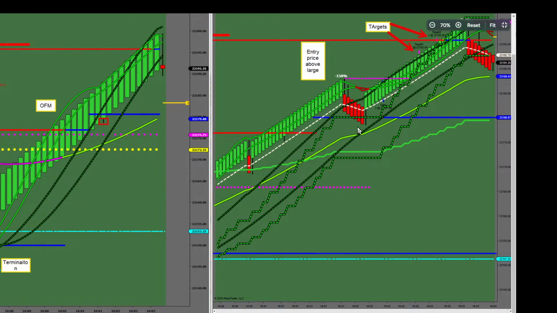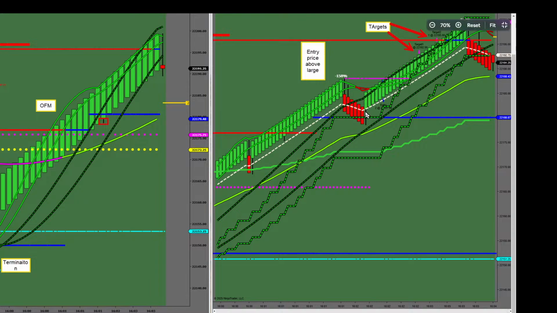Because normally, if you had entered right here, you would have put your first target at that divergence high, wouldn't you? I know you're trading well enough to know that you would have taken profits at that divergence high if you had entered at the area inside of favorable large triggers. I don't know what your rules say about 50-50s with divergence.